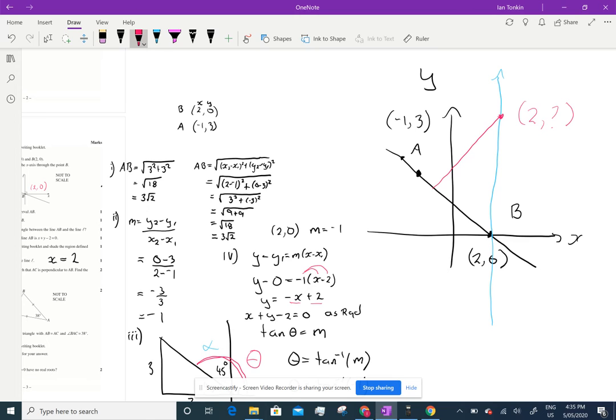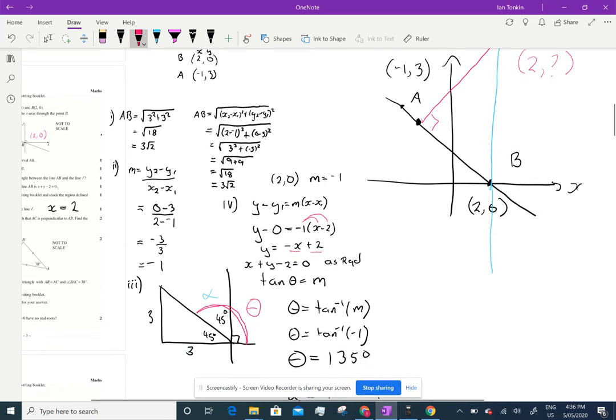So the point C is on the line such that AC, let's get this line again. AC, so I have to come from A. AC is perpendicular. And it's 2 something. Now, how do I find this?